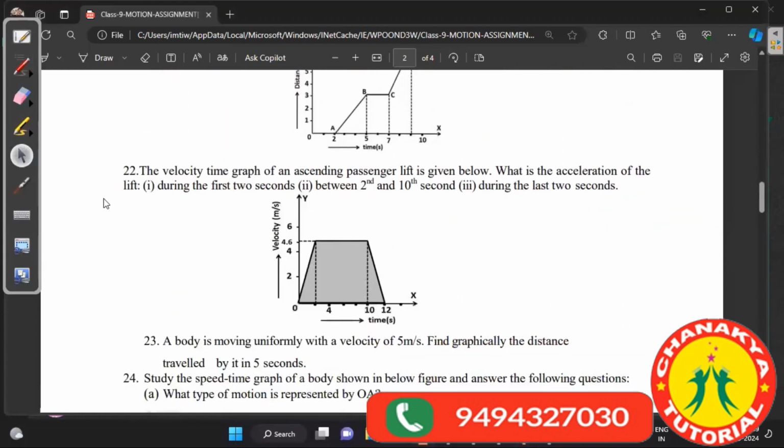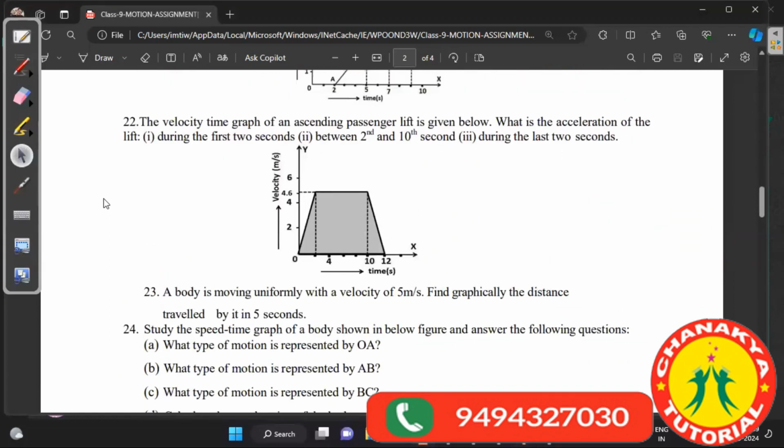That's also from the graph. The velocity time graph of an ascending passenger lift is given below. What is the acceleration of the lift during the first 2 seconds, between 2nd second and 10th second, and during the last 2 seconds?